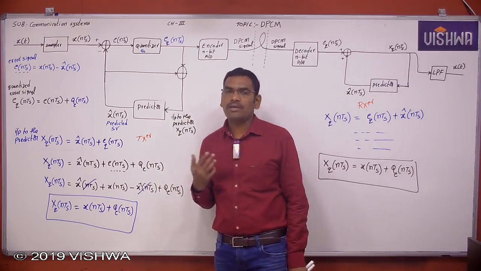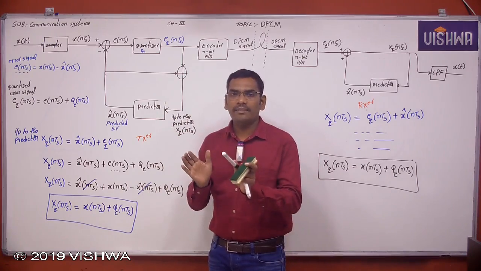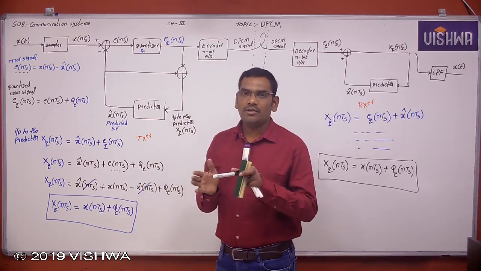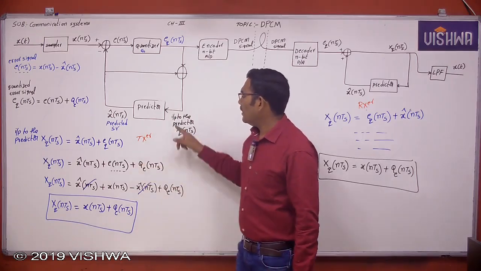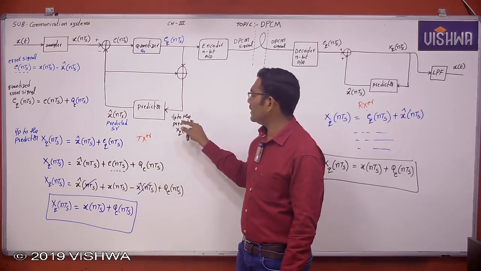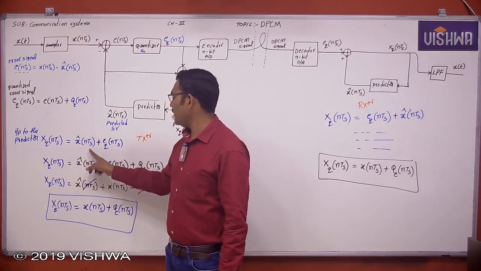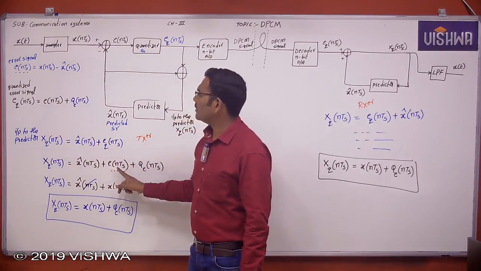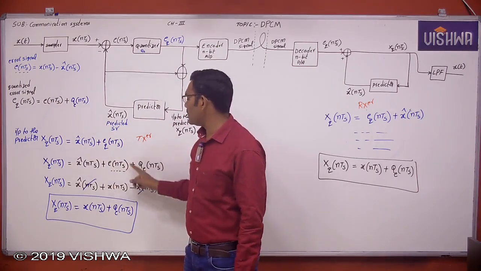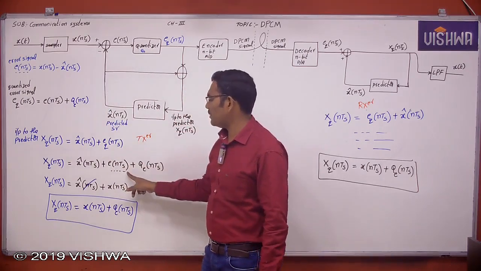Your doubt is, sir, what is the predictor fed by? So I'm saying here the input to the predictor is nothing but x cap of nTs plus eq of nTs, the quantized error signal, which is nothing but quantization error plus the error signal, quantization error plus the error of the original minus the previous sample value.